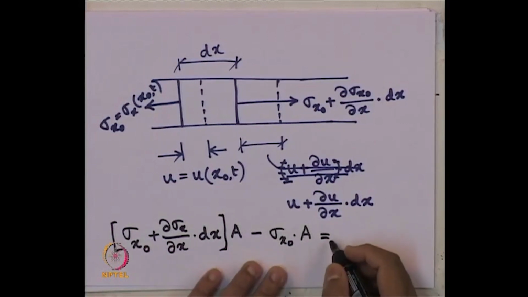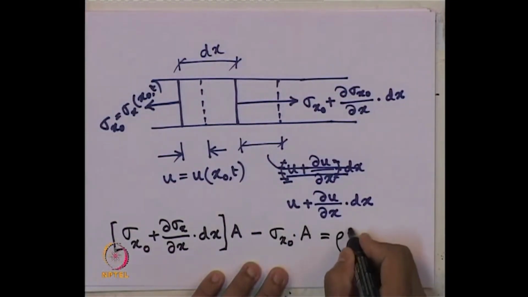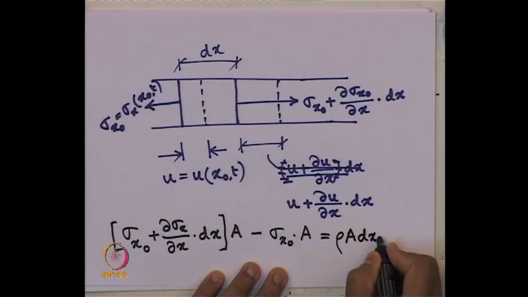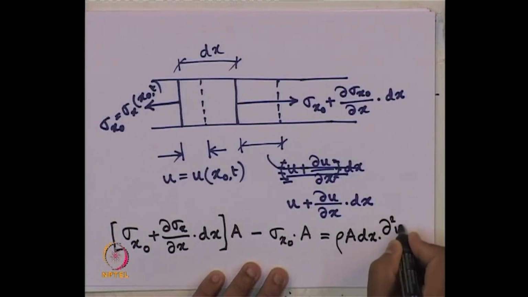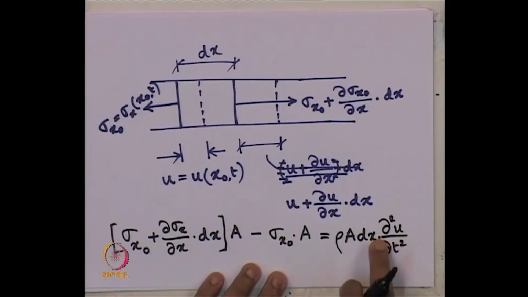Okay? So, this should be equals to rho A dx times del 2 u by del t square. Actually, strictly speaking, when we are talking about one dimension, you can use d 2 u by dt square also, but when we are taking the multi dimensions, 2D or 3D, then it will be partial differential.